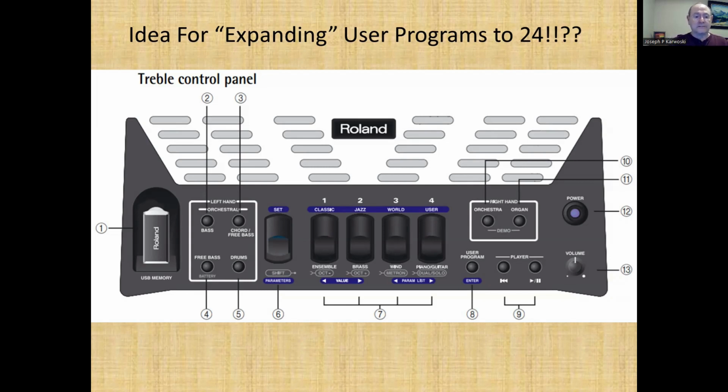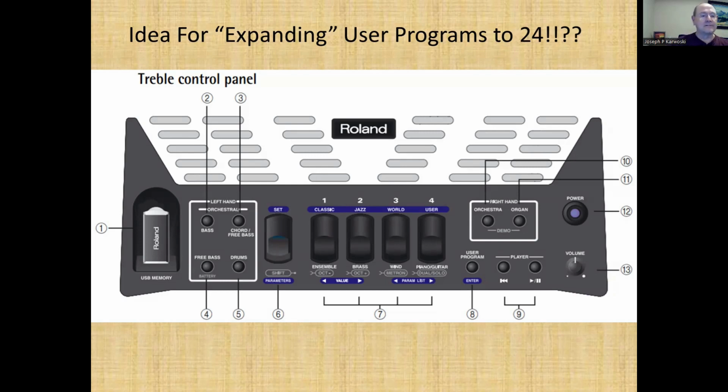Okay, so now each button is 3. That means, let's see, 3 times 4 is 12. Oh, wait, I actually have 8 because I have a 1A, 1B, and so on down to 4A, 4B. So I actually have 8. 8 times 3. Now I have 24, not 8 user programs.